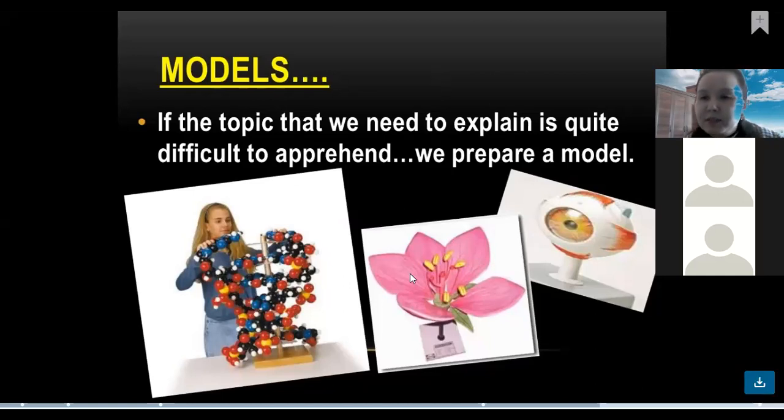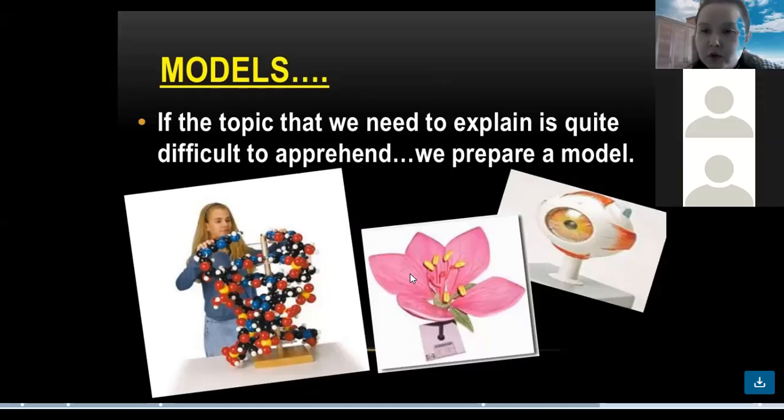Especially, in IT classes, the models of robots are used, yes? Robots and computers or houses and anything. And we can use the models of anything.